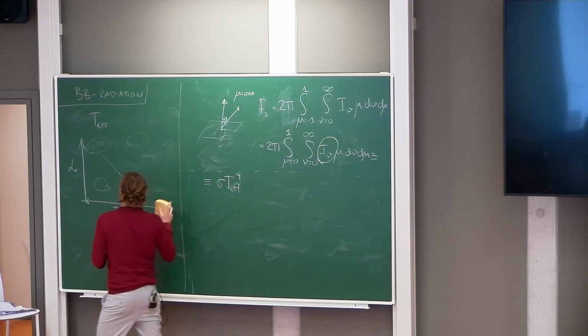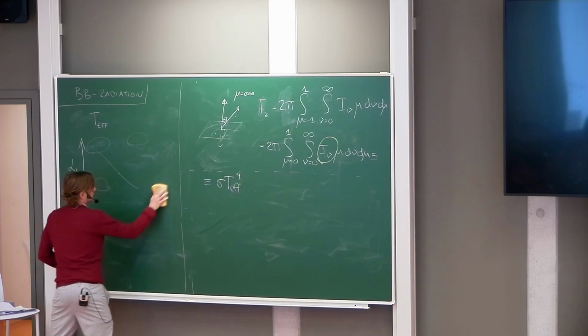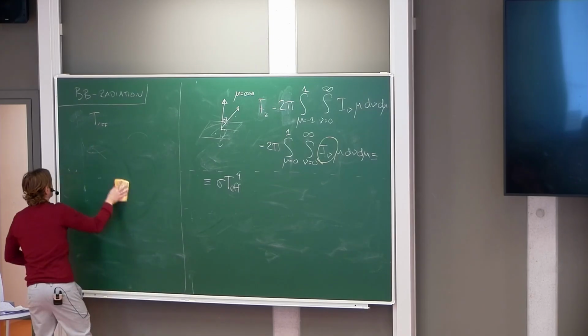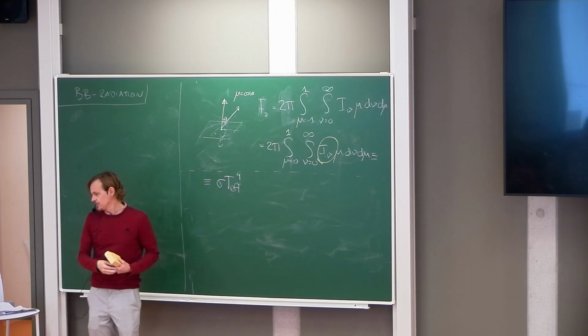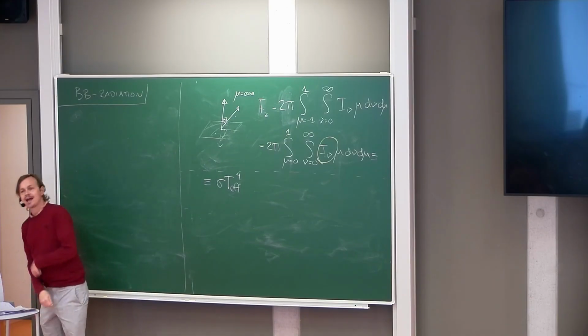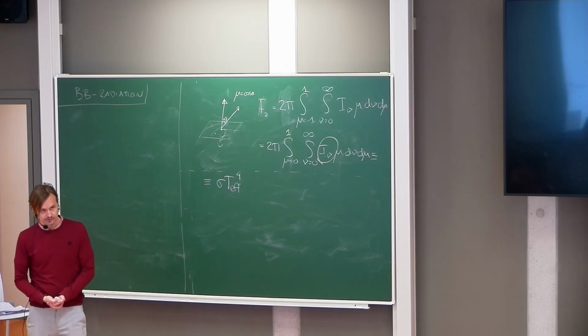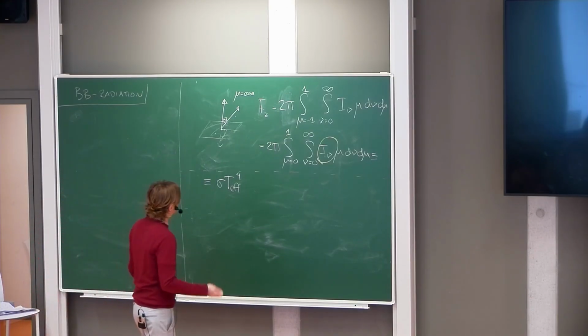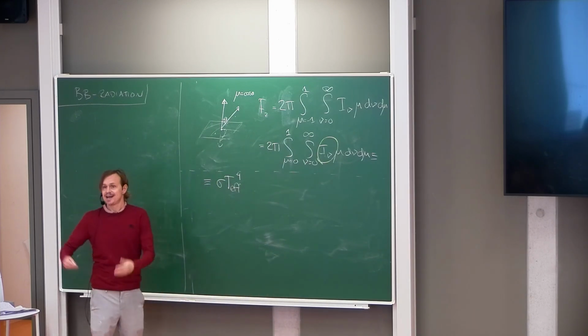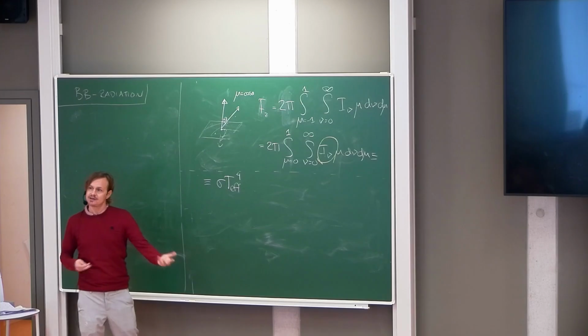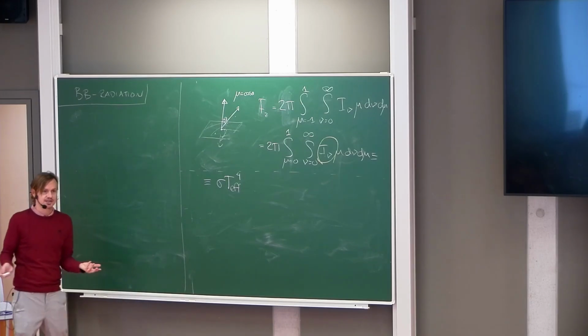So the correlation of the effective temperature with the actual temperature of the object, of course, depends on how well you can approximate this emitting surface as a black body. And that can be very different for different situations, right?